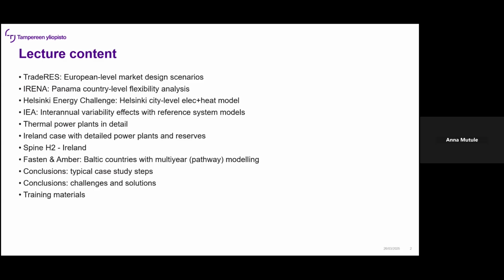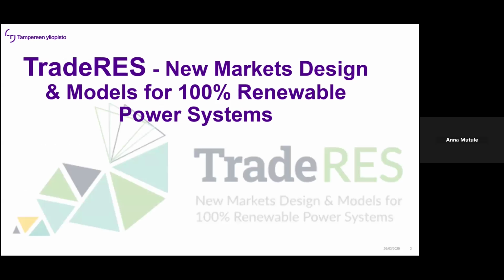And by the end, you will see another, more detailed example of the Baltic countries in the lecture provided by my colleague as a result of the Fast and Number project. So let's start from the first example.